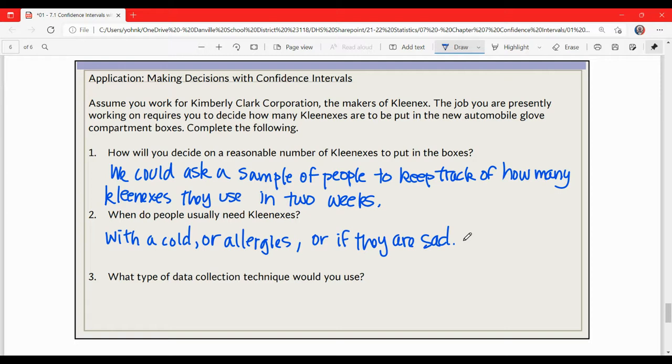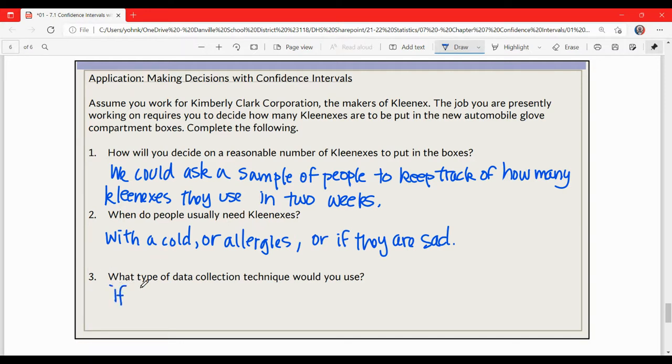Okay, number 3, what type of data collection technique would you use? Well, we should select some people with colds and have them keep track. So if we're trying to focus on people who have colds, then we need to go that way.